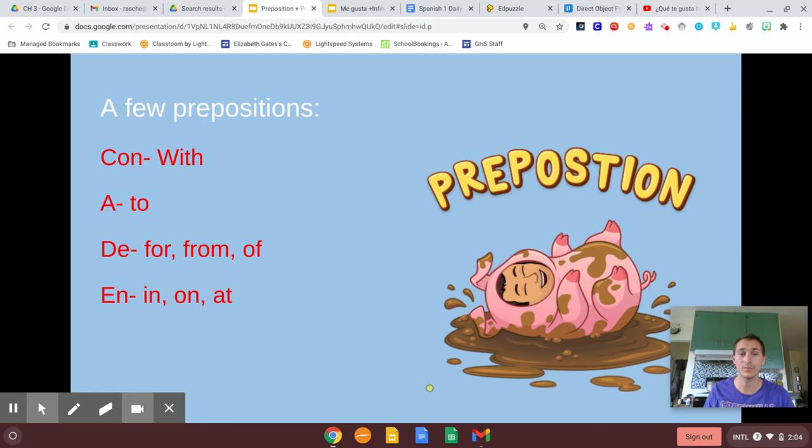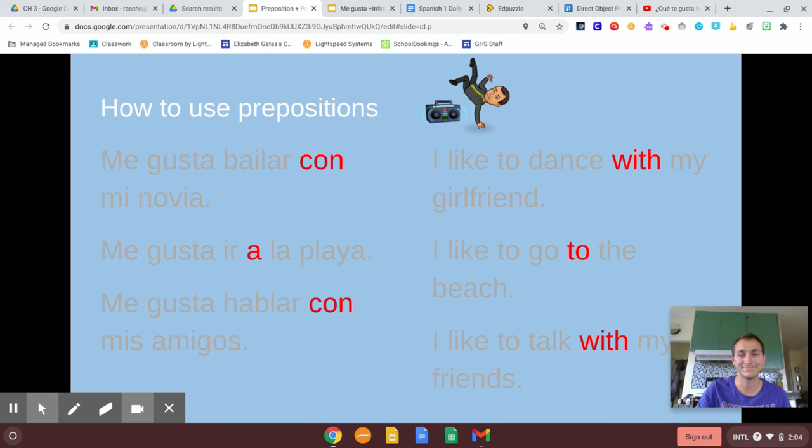You've seen that. De, we went over de last week. De could mean for, from, or of. En, you may have seen en in the past too. En can mean in, on, or at. Este cerdito está en el lodo, is in the mud.